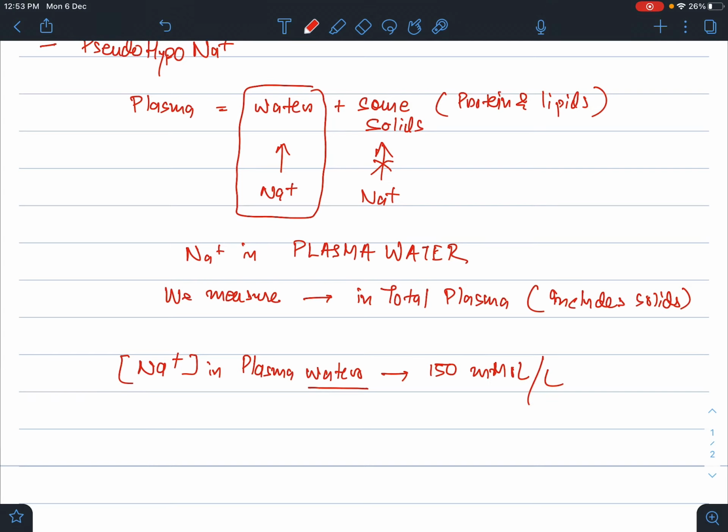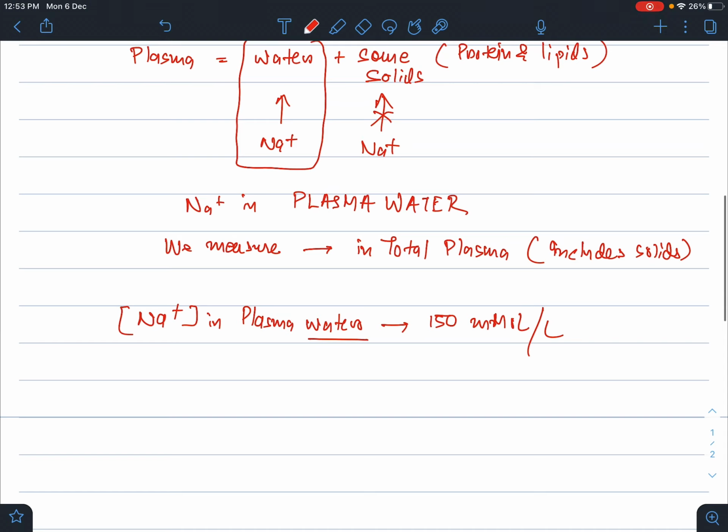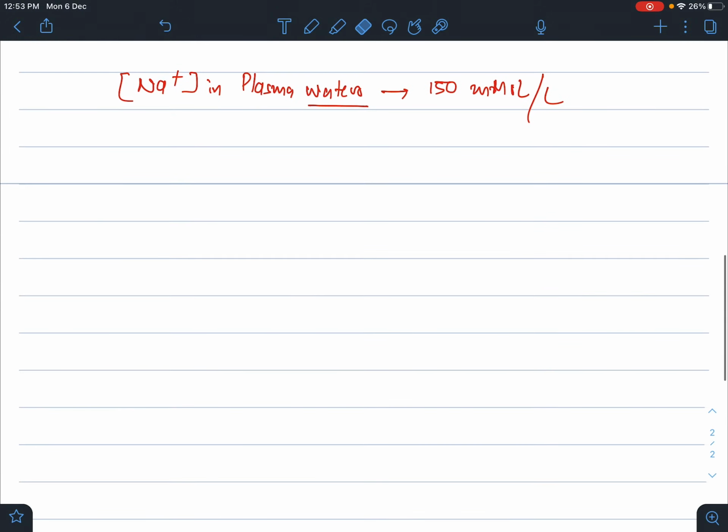per liter. Now the usual ratio of water to solid in plasma, which we have to accept because it is normally seen, is around 93%. Let me draw a figure. This is total plasma. This is 7% and this is 93%.